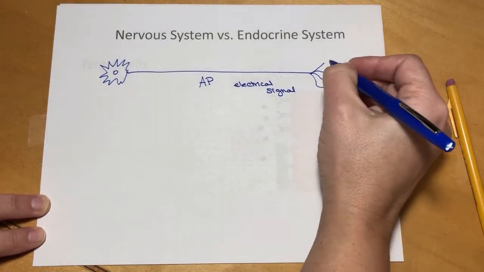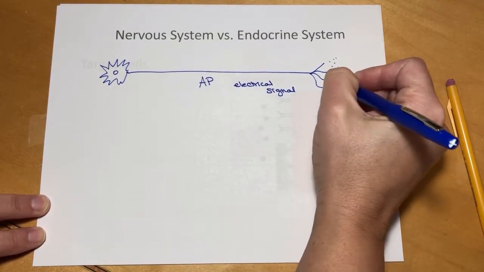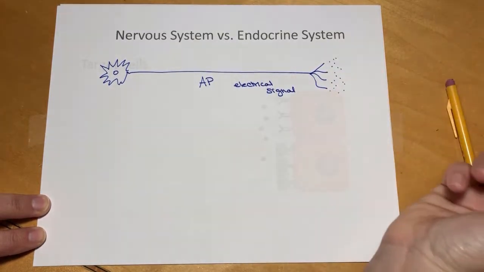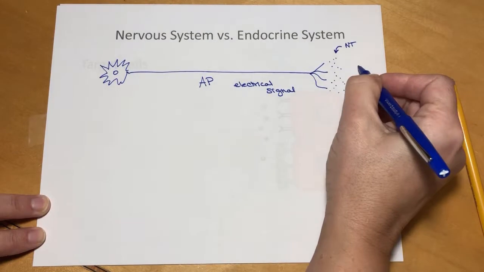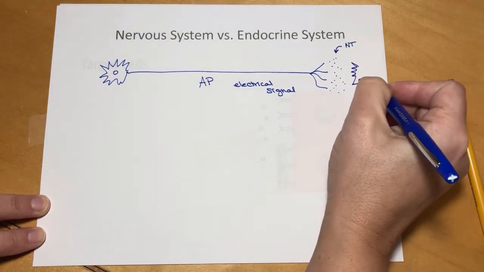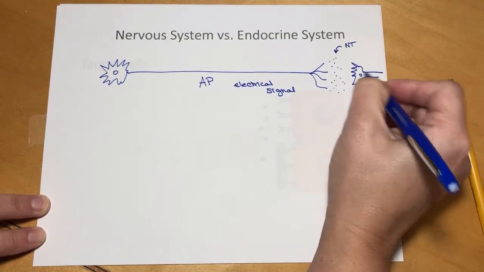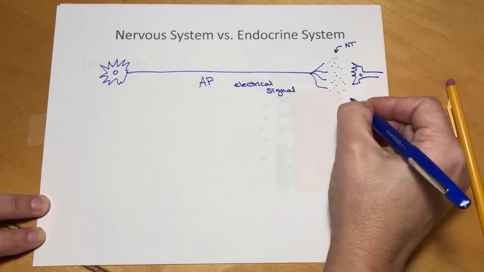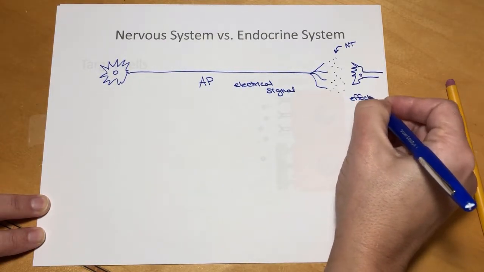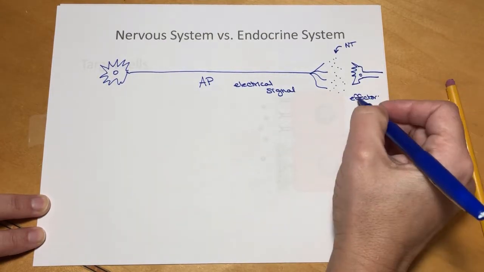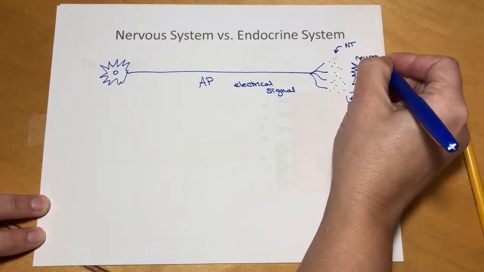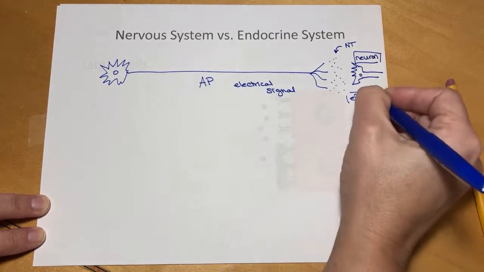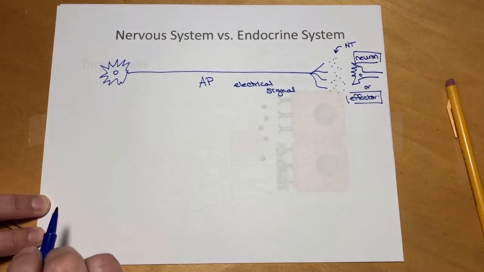At the terminal end, we do have chemical signals that are released in the form of neurotransmitter, which is then picked up by either another neuron or some type of effector. These effectors can be either skeletal muscle, smooth muscle, maybe cardiac muscle, or glands. And so the nervous system has a very direct way of causing an effect.